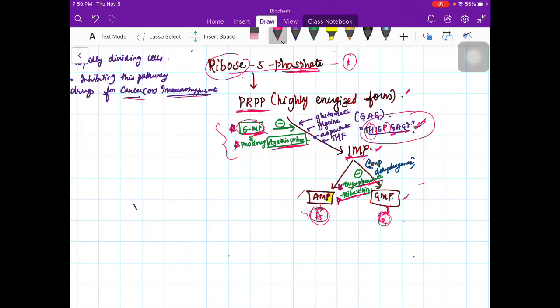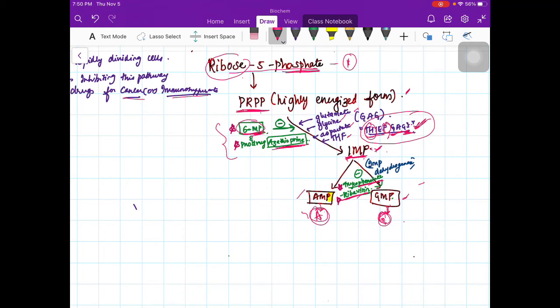The intermediates between PRPP and IMP are not so important for you to know, but I've made a very easy mnemonic to remember them together. That is TIF-GAGs: THF and glycine, aspartate and glutamate. So glycine, aspartate, glutamate and DHF are the intermediates that help in conversion of PRPP to IMP.